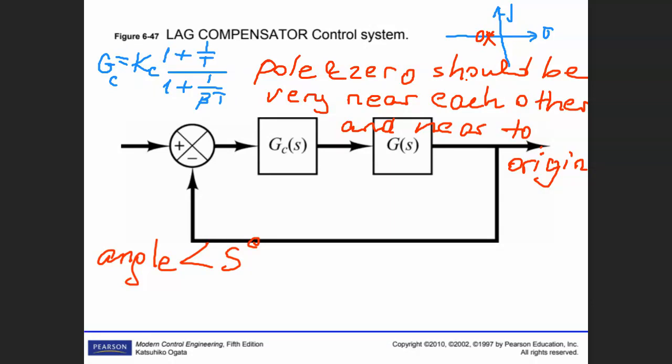I'm going to clean that page and write something additional on top of it. Pole and zero should be very near to each other. That means you are not actually shifting the system. That is one point. The second one, it should be very close to the origin. I'm going to explain why.